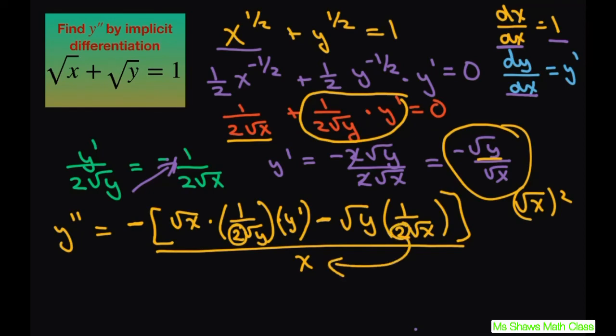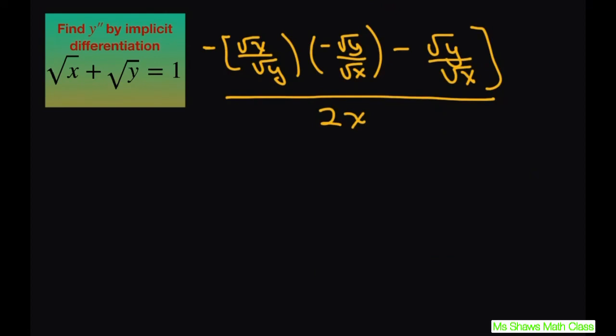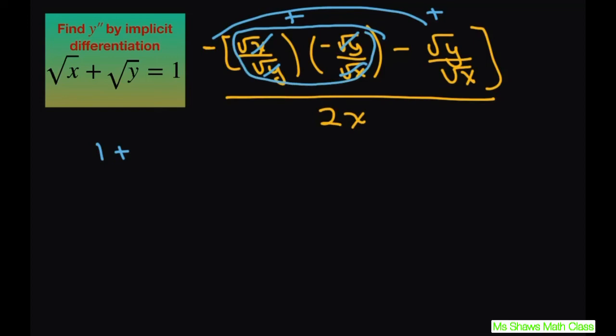All right. Now that we have that taken care of, what happens here is this cancels. And then when you distribute the negative, this turns positive. So what we're going to have is 1 plus, this equals 1, square root of y divided by square root of x, divided by 2x.